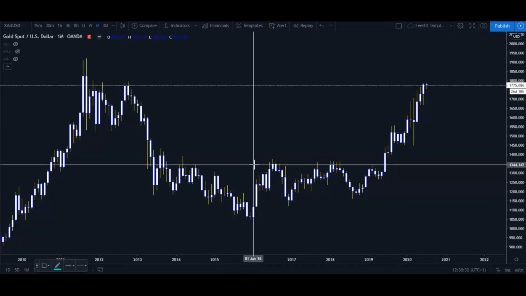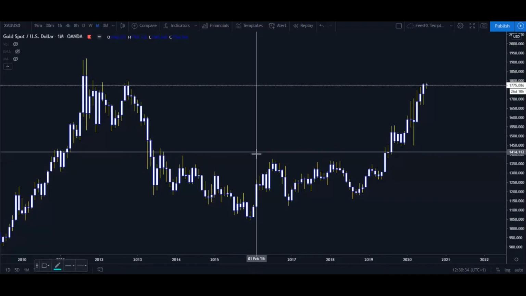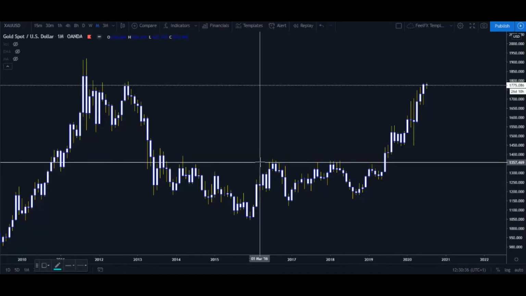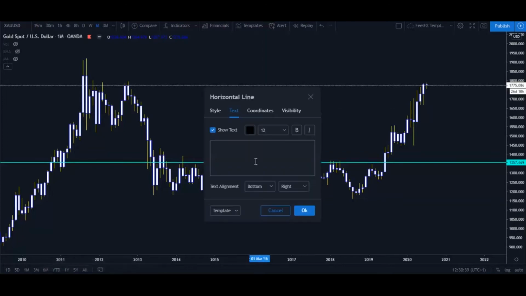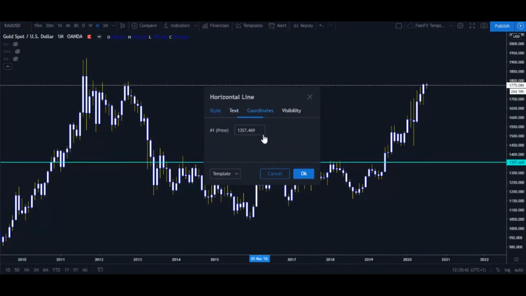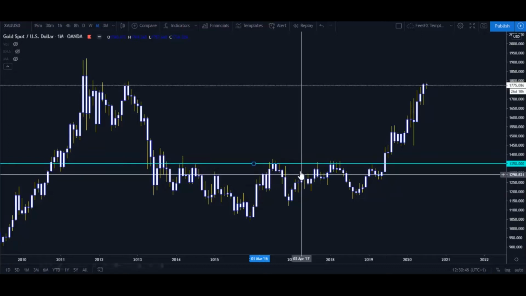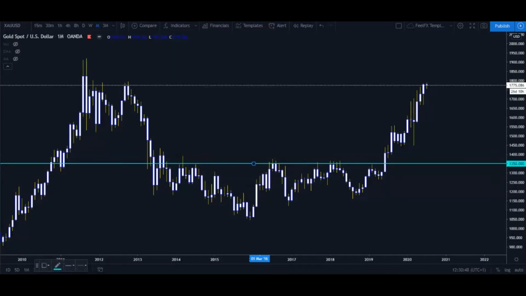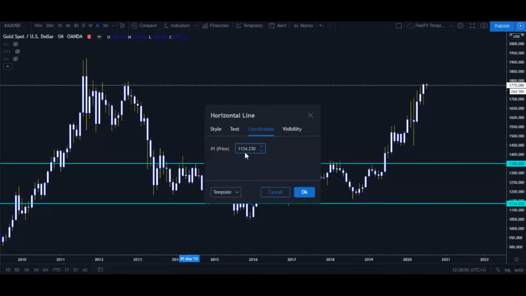So as I just said, guys, the price was consolidating in and around 1350. Let's set this level straight up. Okay. There we go. And we had our support around 1150, sorry.